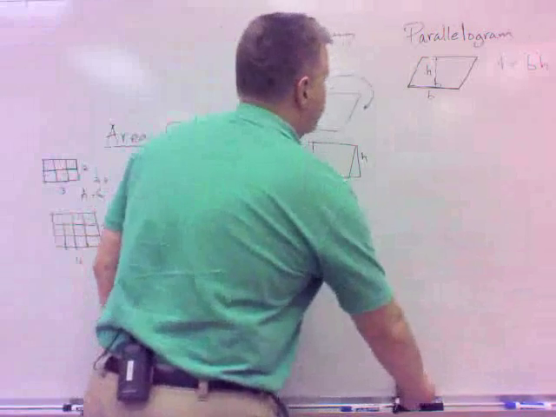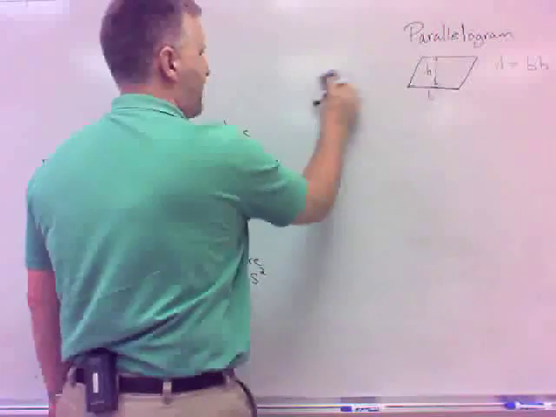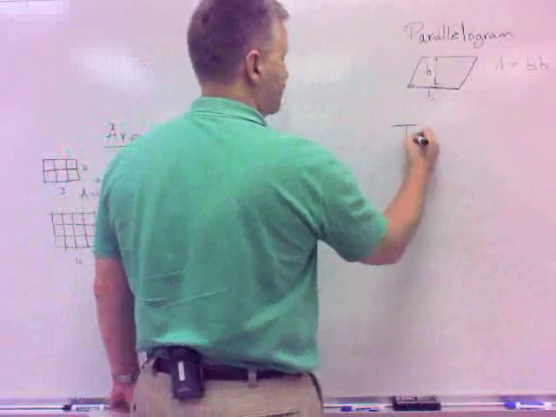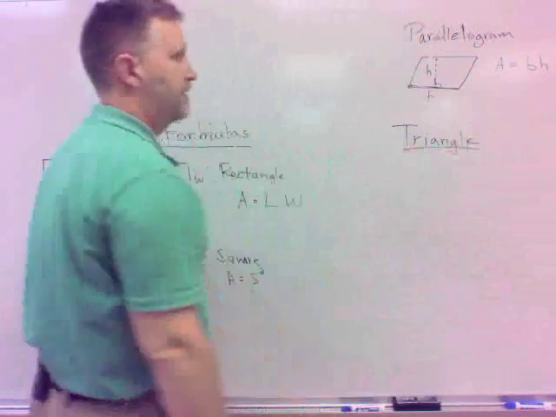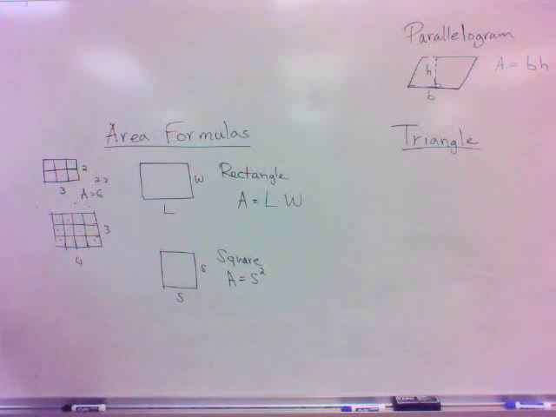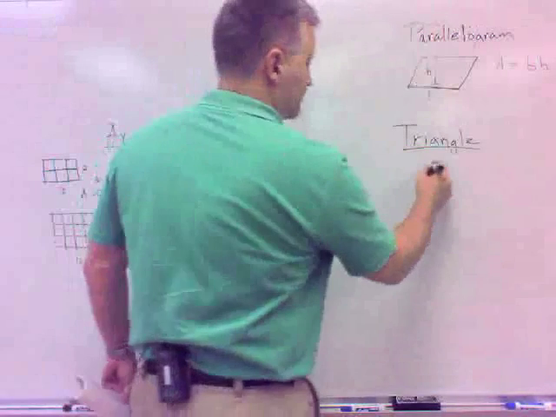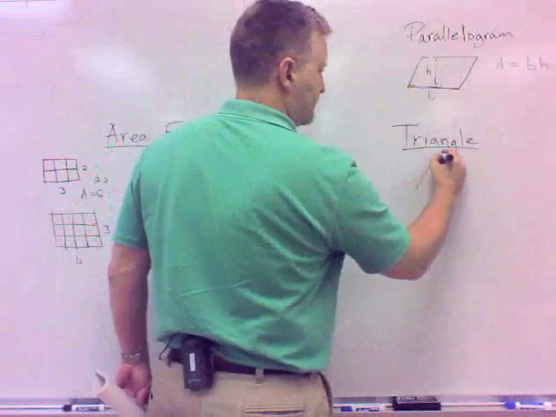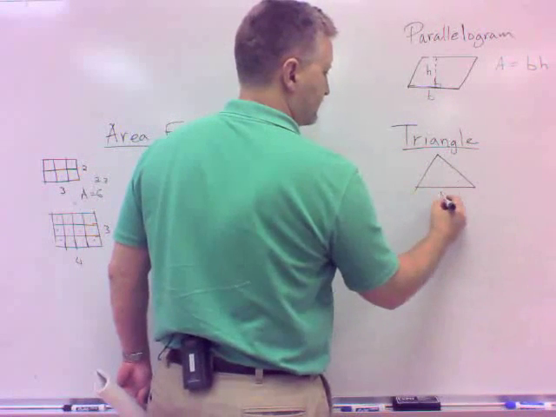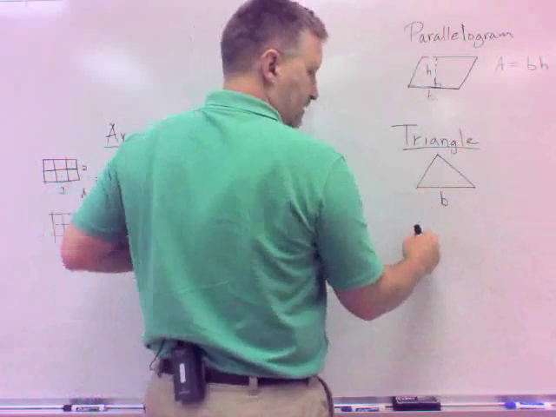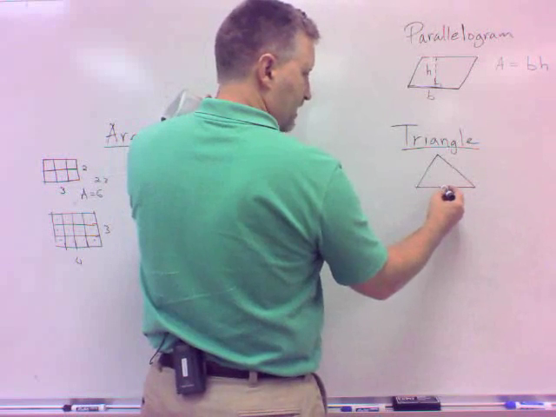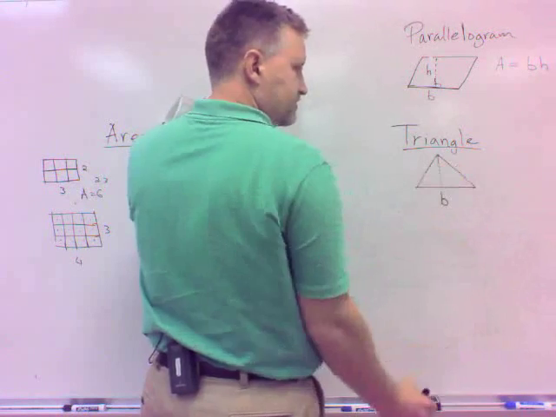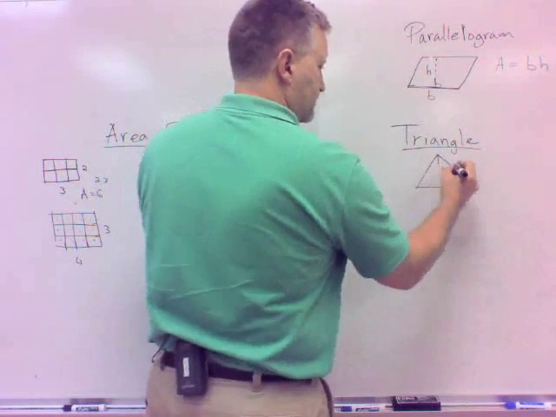All right, well, come to find out, if we have that, then we can get the area formula of a triangle out of that. Here's how. On a triangle, also you need a base and a height. Call one of the sides base, and then the height is the perpendicular distance to it.